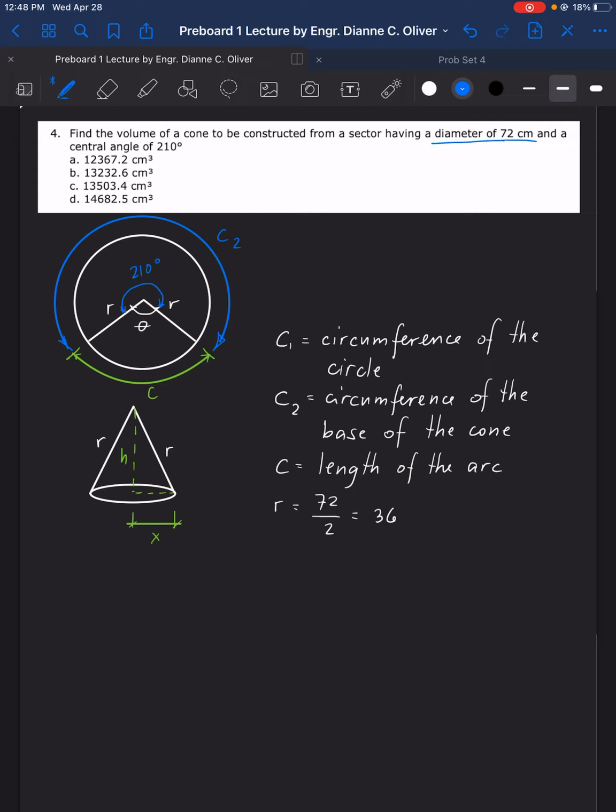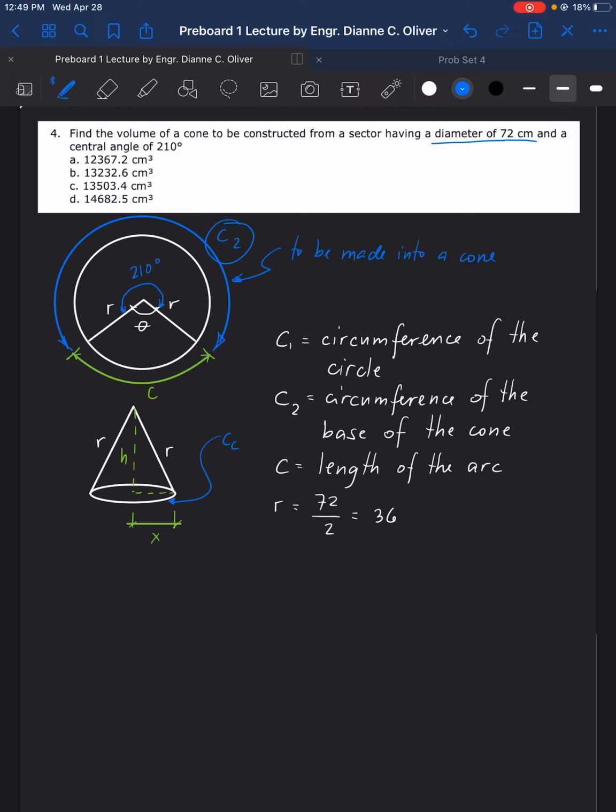So the radius is 72 divided by 2, and that is equal to 36. Take note, this is the one to be made into a cone. So that means that C2 here is actually the circumference of the cone.